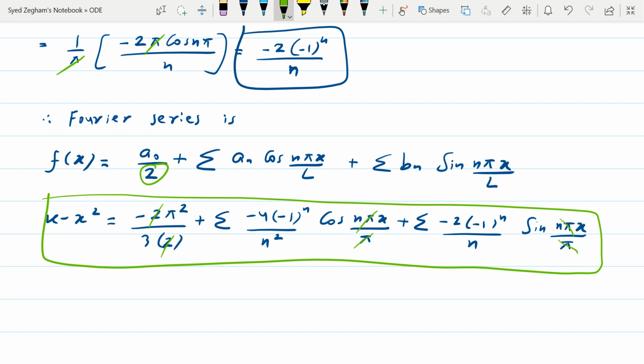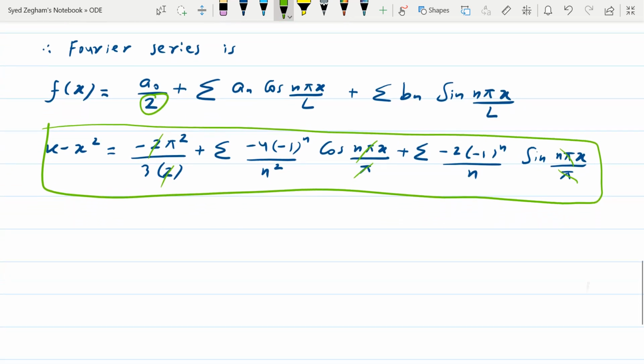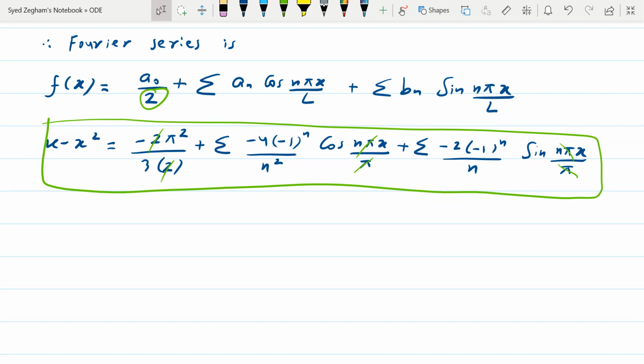Now, after this, they have given us another task. What is that? They want us to evaluate some series, some special series they have given us. Now, the interval is given as minus pi to pi.